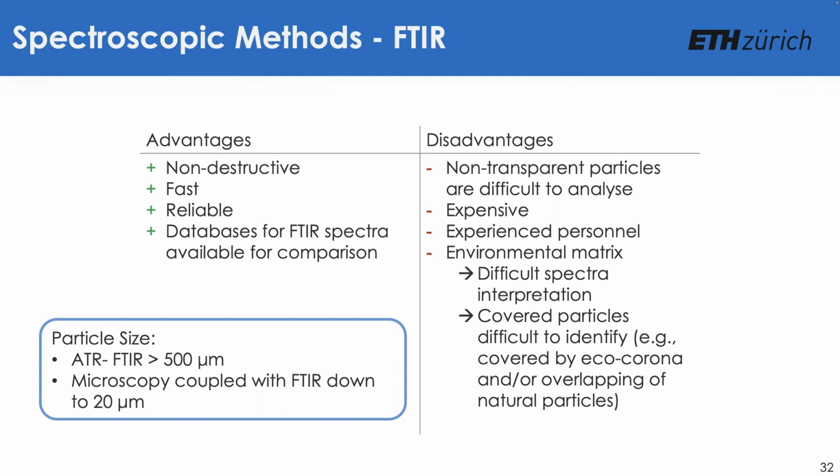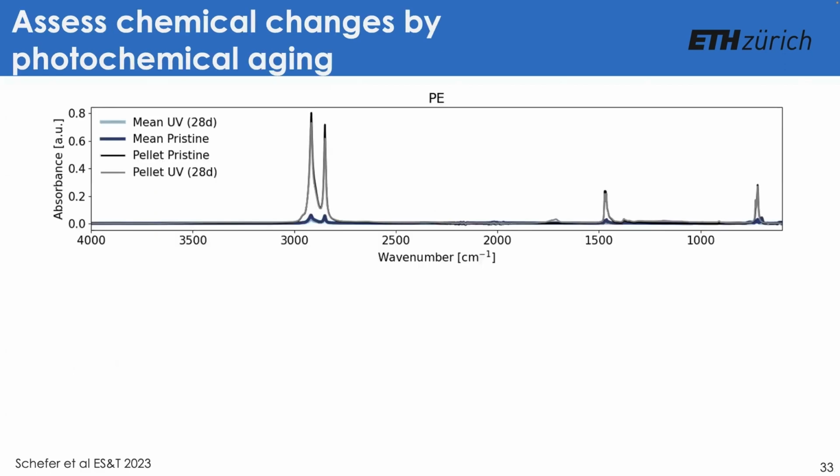Another nice thing about FTIR, though, is to be able to also assess the chemical transformations that happen over aging and weathering of the polymers. So here again, we can look at this spectra that we get, for example, for polyethylene. In this experiment, we took different polymer films and then exposed them to UV irradiation, which changes the surface chemistry of the polymer.